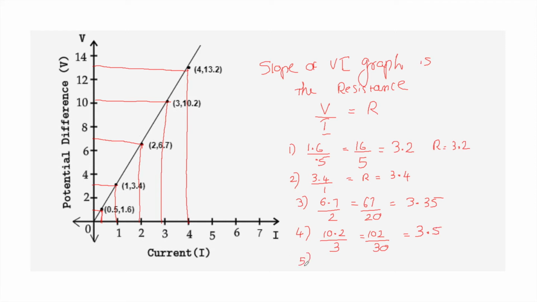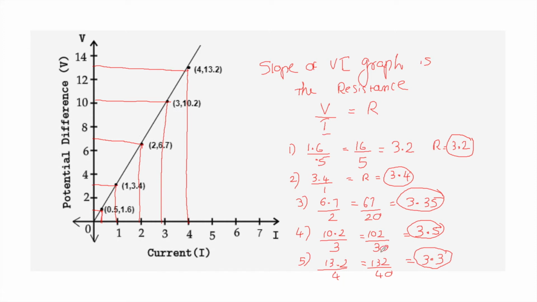And the last case it is 13.2 by 4. 132 by 40 will get 3.3. Check the values of the resistance here: 3.2, 3.4, 3.35, 3.5, 3.3, all are very close values. So the resistance always we get as a constant, that is Ohm's law.